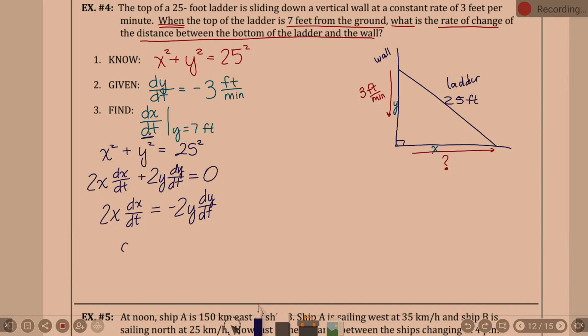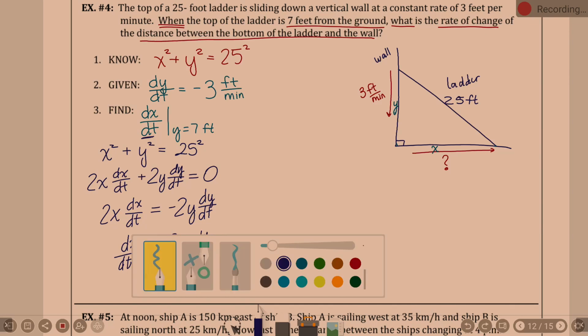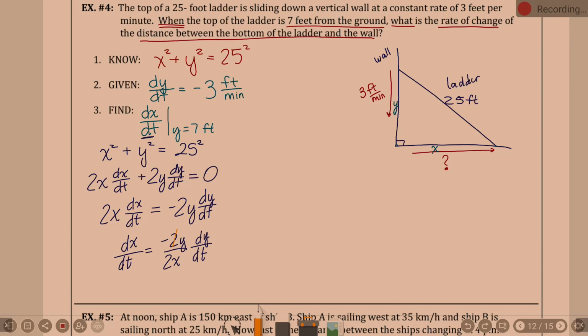When you divide by 2x, we can write this as negative 2y divided by 2x, still times dy/dt. If you want, what can make life a little bit better? Could the 2's cancel? Yeah. So then you've got the negative of y over x times dy/dt.